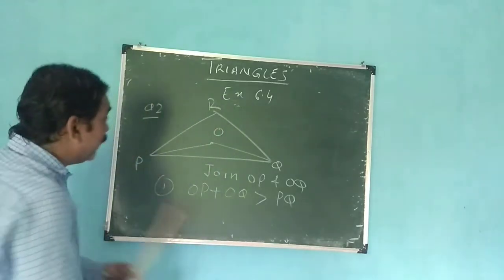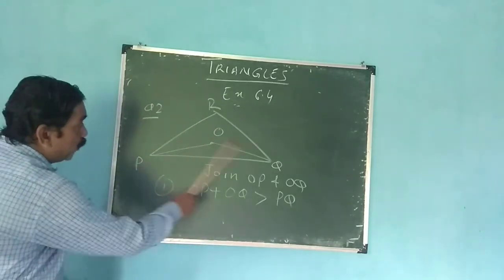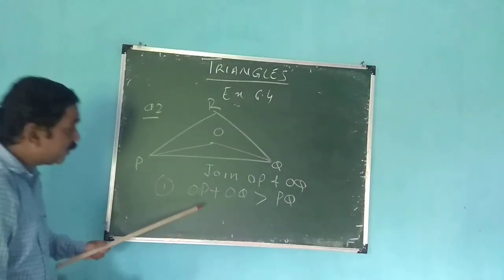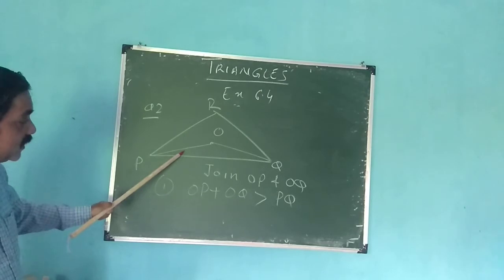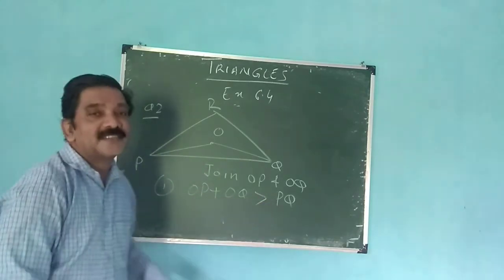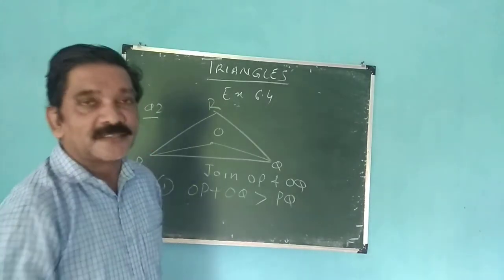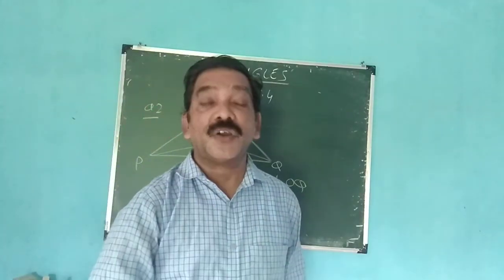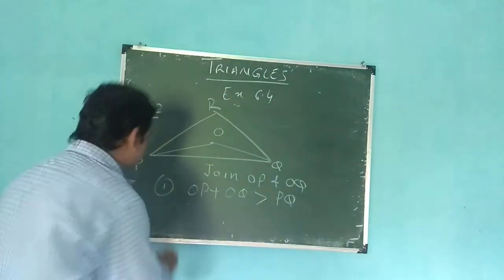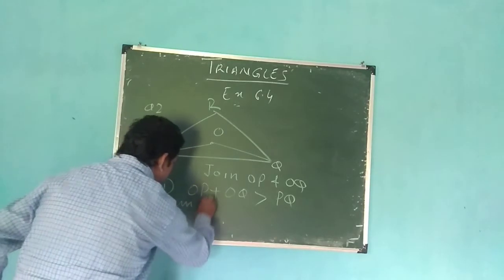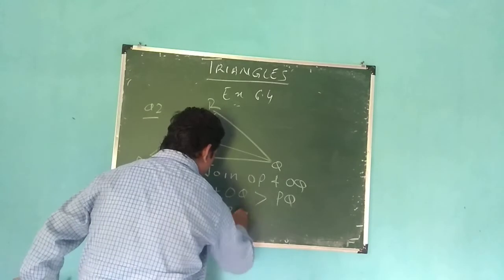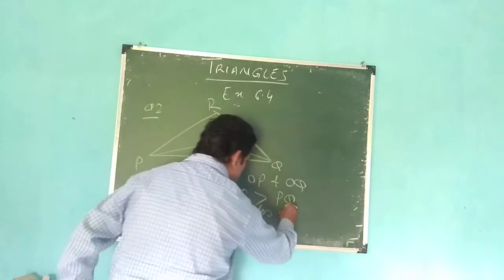Correct? Now, if I look at this figure POQ, after joining OP and OQ, let us find out what this is. OP is the side of this triangle, OQ is the side of this triangle. Now the sum of these two sides is greater than the third side. So the answer is yes, it is greater. What is the reason? Sum of two sides of a triangle is greater than the third side.